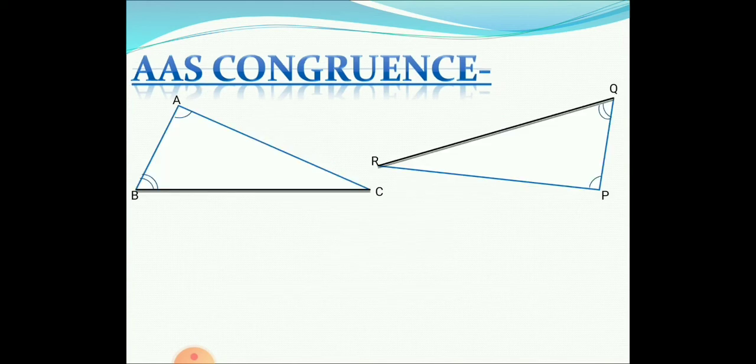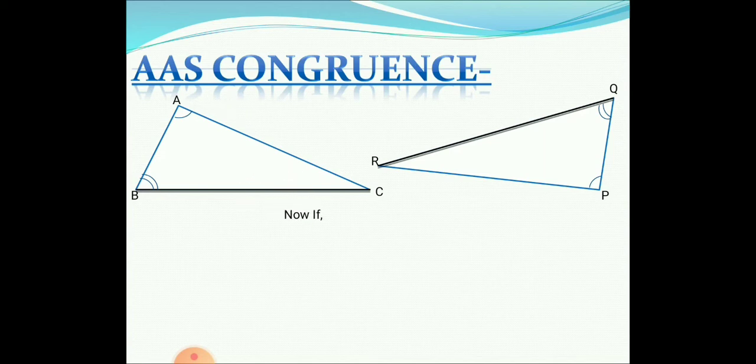Now next is AAS congruence, meaning angle angle side congruence. Two triangles are congruent if any two pairs of angles and one pair of corresponding sides are equal.